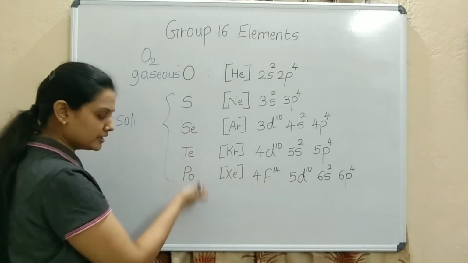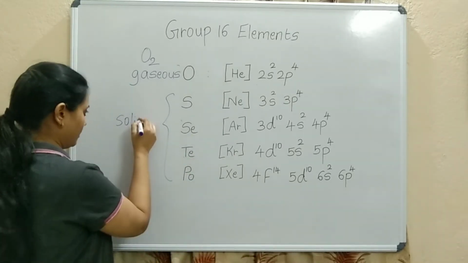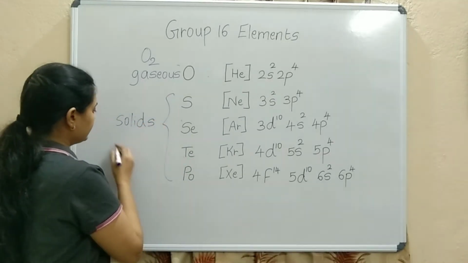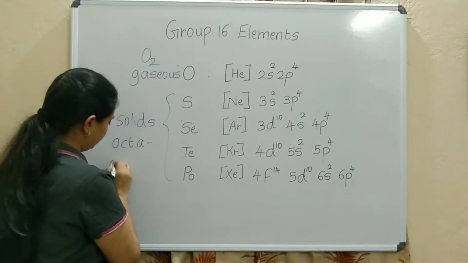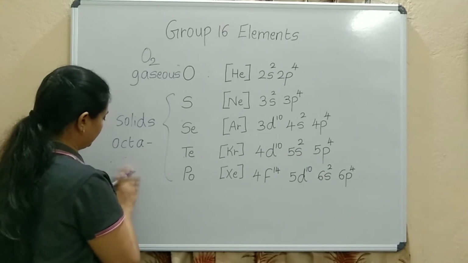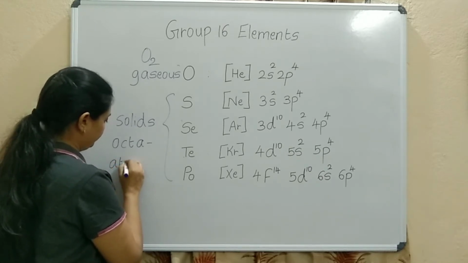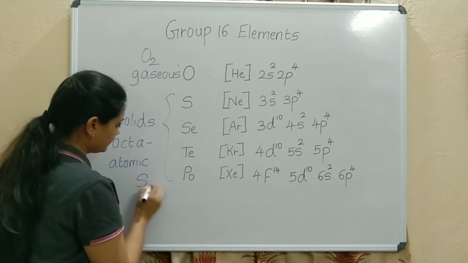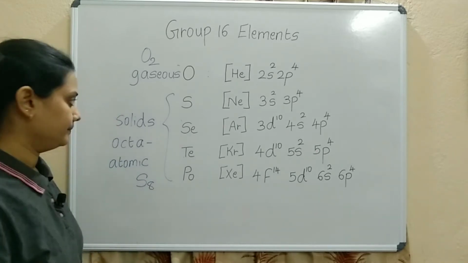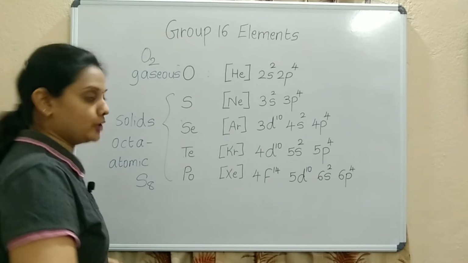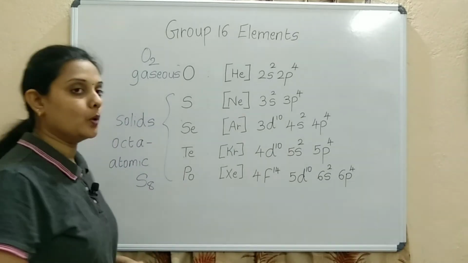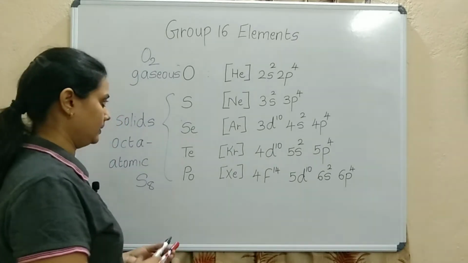We know we are coming down towards the metal, so it is a solid. And they exist as octaatomic, and that is S8. So down the group, octaatomic, and on the top O2, diatomic molecule.